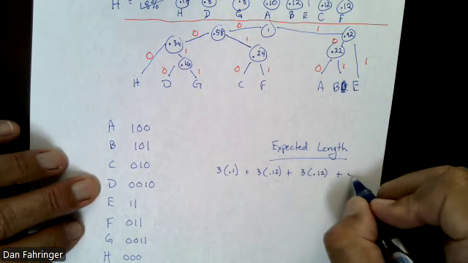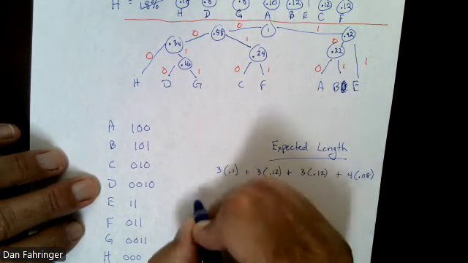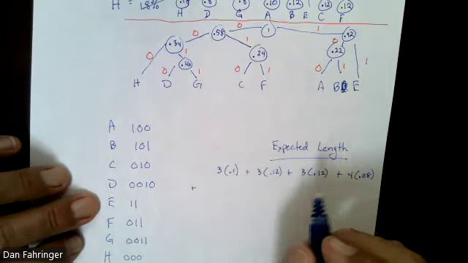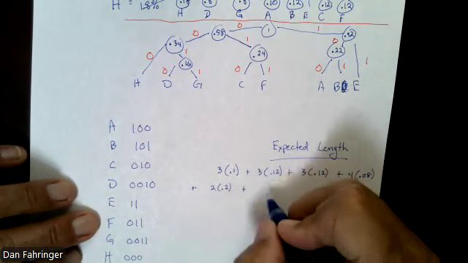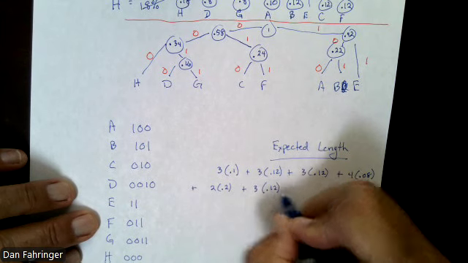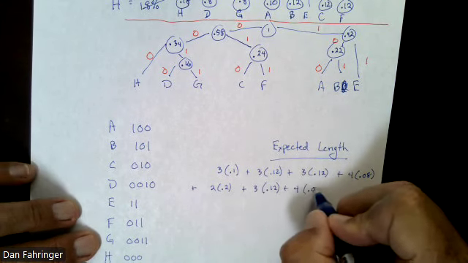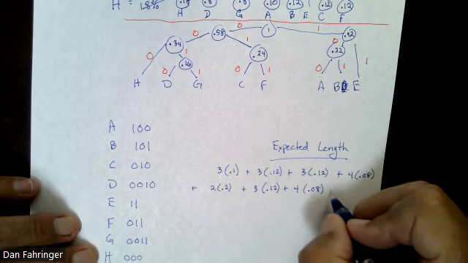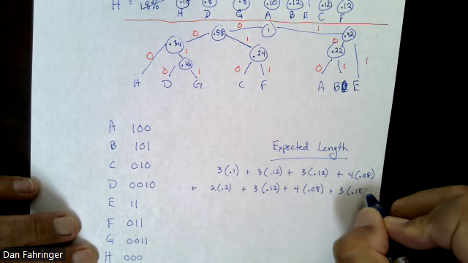D is 4 times 0.08. E is 2 times 0.2. F, 3 times 0.12. G is 4 times 0.08. H, 3 times 0.18.